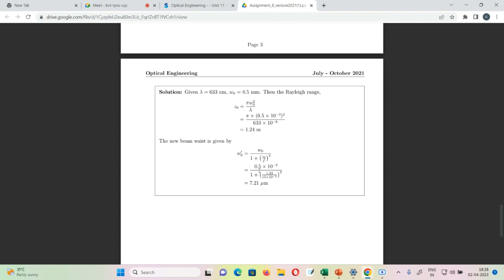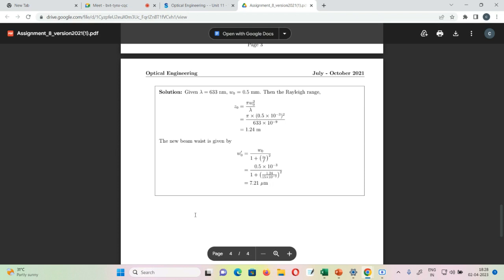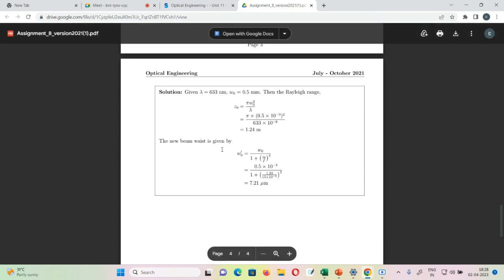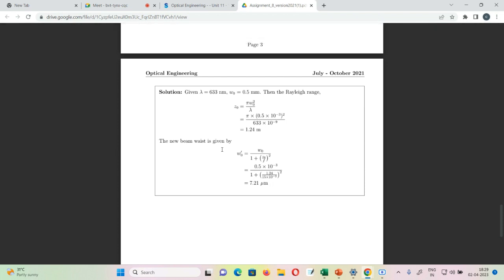Maybe they made a mistake with the location or something. I still have a doubt about the 1 plus (f0 by f) whole square. And even in that case, they put the beam radius as their parameter rather than beam diameter, and they are asking for beam diameter. Most probably I will clarify with them, and if the question is wrong, I will ask them to give zero credit for that particular question.